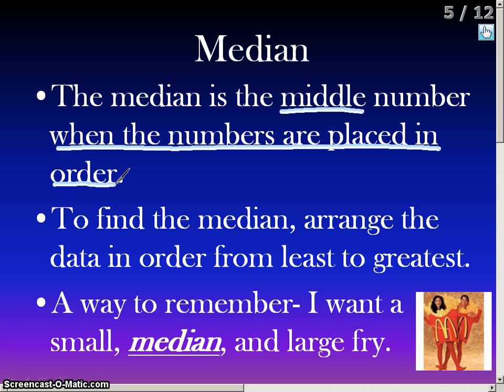So to find the median, arrange data in order from least to greatest. It's important that you remember that. A way to remember the median: I want a small, median or medium, large, and large fry. Remember, median or a medium would be the middle size.